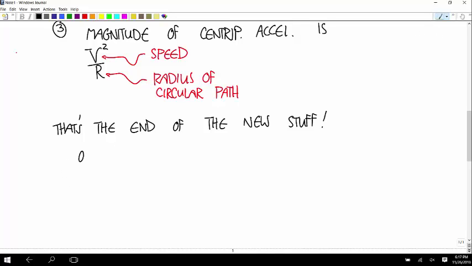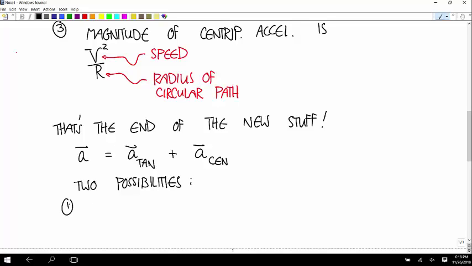Remember that the acceleration vector has to be the sum of the tangential acceleration and the centripetal acceleration. Centripetal acceleration is the one that always has a magnitude of v squared over r. There are only two possibilities. The first is that the speed is constant.